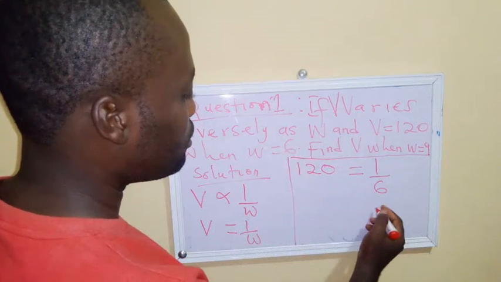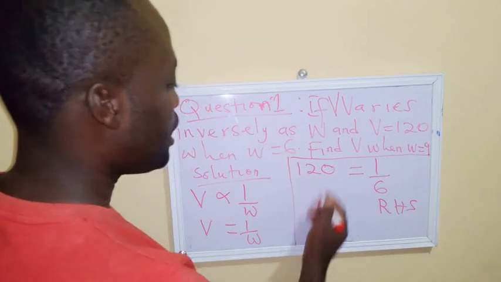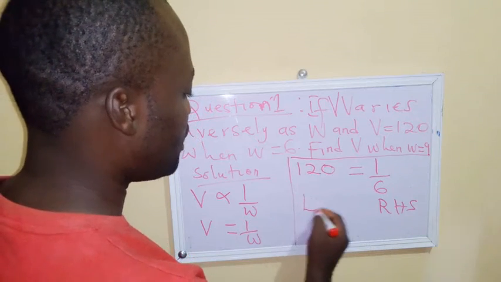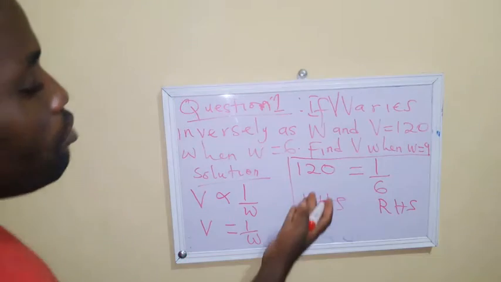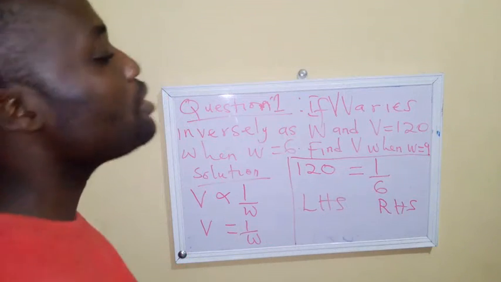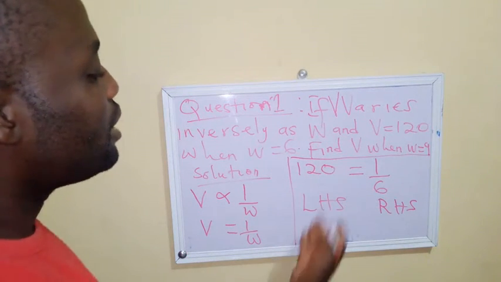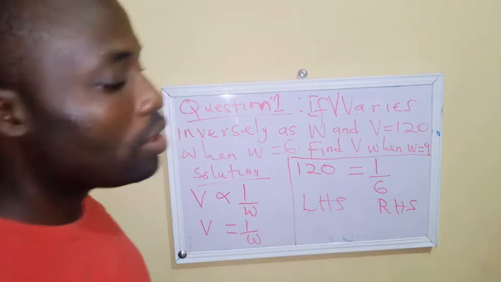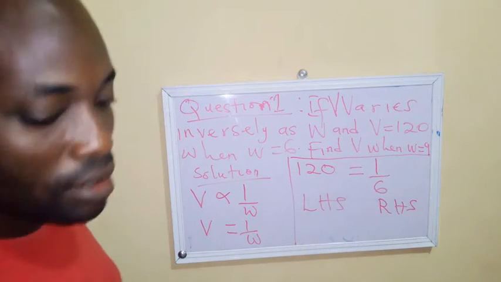1 over 6 is what we have at the right hand side, RHS, and 120 is what we have at the left hand side. And you can see from here that the left hand side is not equal to the right hand side, which means that the equation is not true.